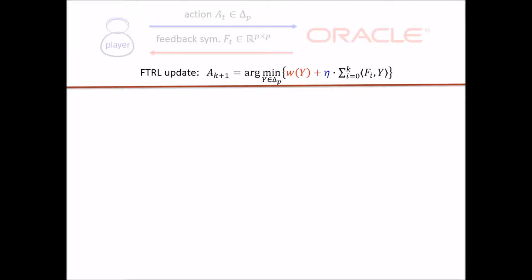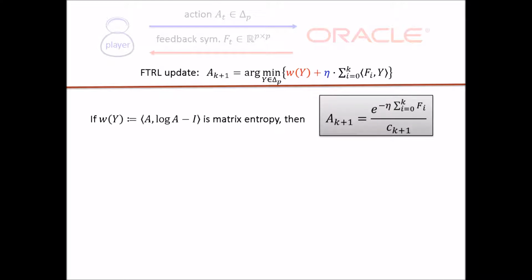Now, one of the most famous regularizers used for matrix optimization is the so-called matrix entropy function, that is, the matrix times the log of the matrix minus identity. I think it's actually the negative entropy, but whatever. If one uses the matrix entropy, the player's strategy has the following simple closed form.